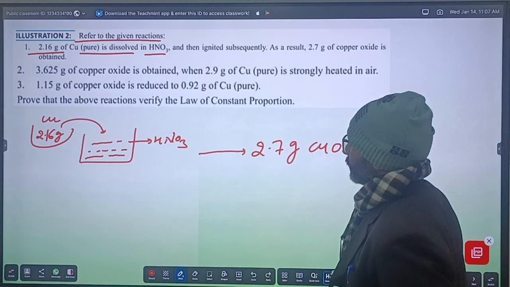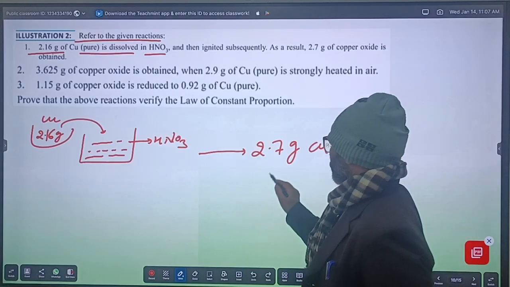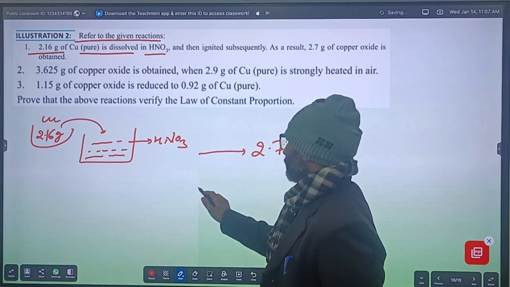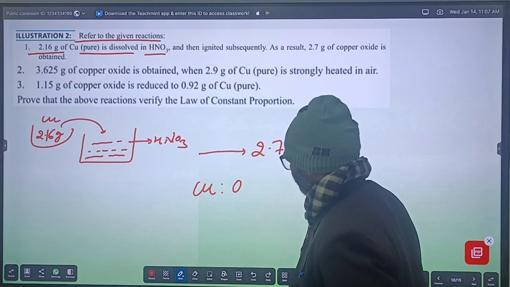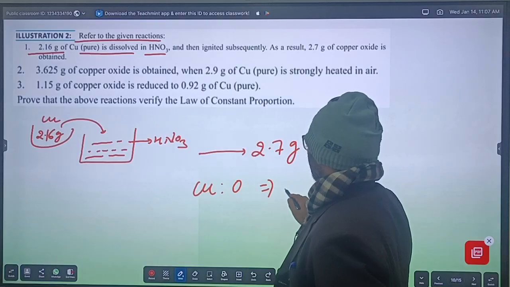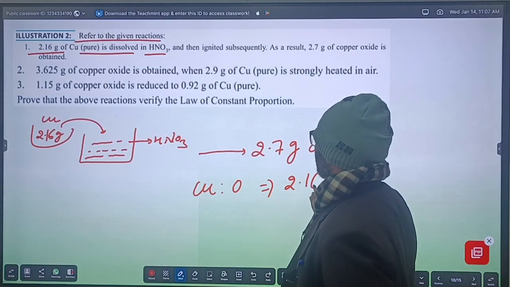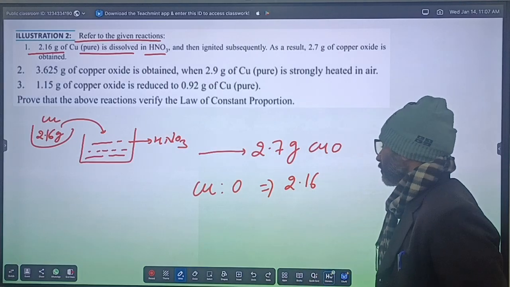So what is the mass ratio of copper to oxygen? How will we calculate it? We have to calculate the copper to oxygen mass ratio. The mass of copper is 2.16, and how will we calculate the mass of oxygen?